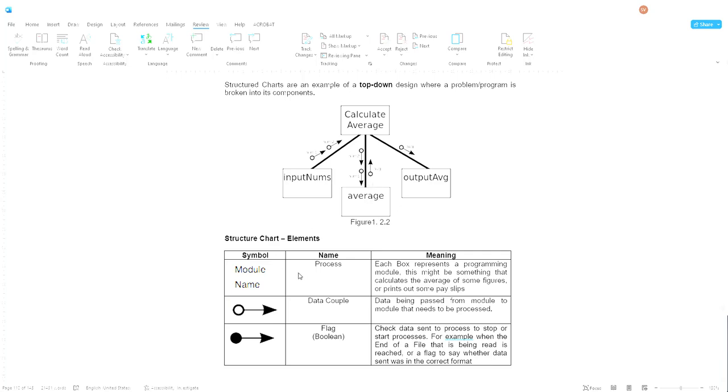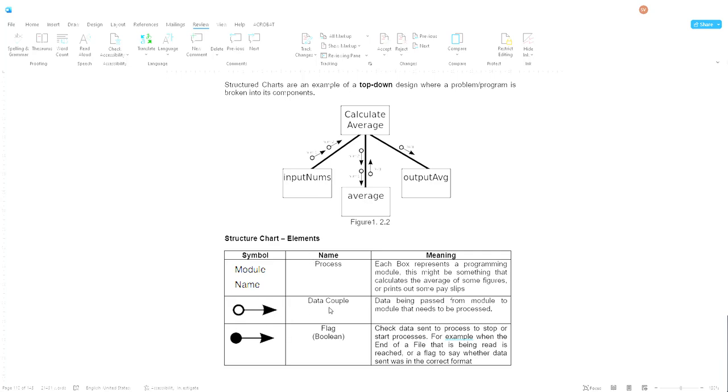So for example, here, it labels everything on the diagram above. It says each square is a module name. It's the name of either a function or a procedure. And the module is actually called a process because each module does something. It processes some information that's going to be passed into it.